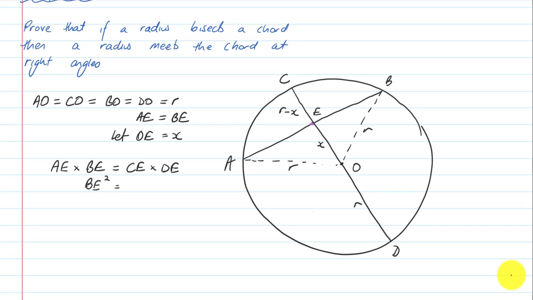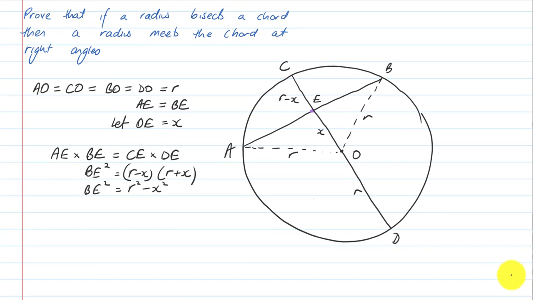And that's equal to CE, which is R minus X, times DE, which is R plus X. Now, I've got R minus X and R plus X, so that is R squared minus X squared on the expansion. It's equal to BE squared. I could give BE a name here, but we're almost done, so I don't really need to. And so therefore, if I add the X squared to both sides, I get BE squared plus X squared is equal to R squared.